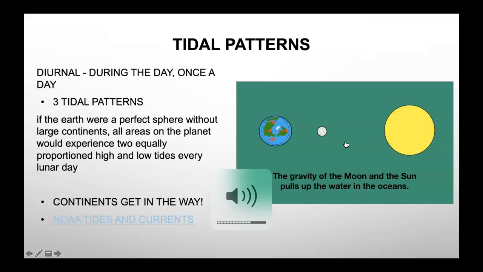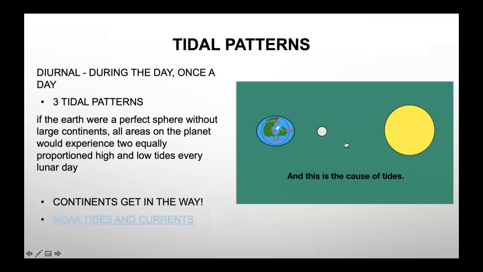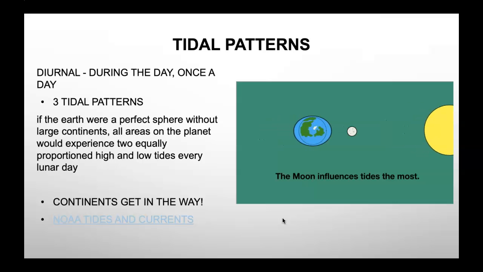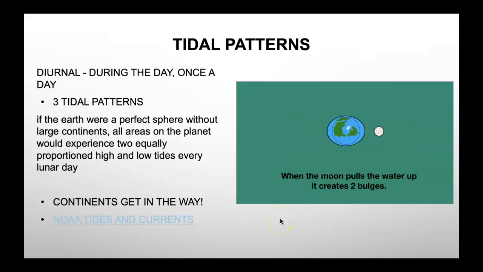And the sun pulls up the water in the oceans. And this is the cause of tides. The moon influences the tides the most. So let's first look at the moon. When the moon pulls water up, it creates two bulges of water. One bulge directly under the moon, and one bulge on exactly the opposite side of Earth.